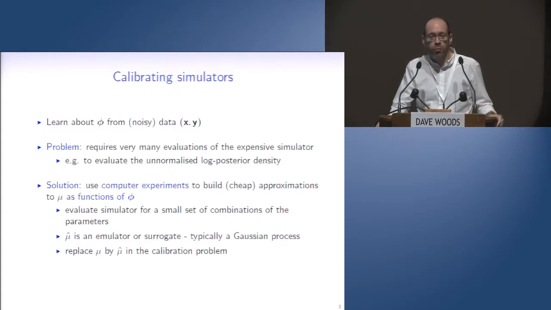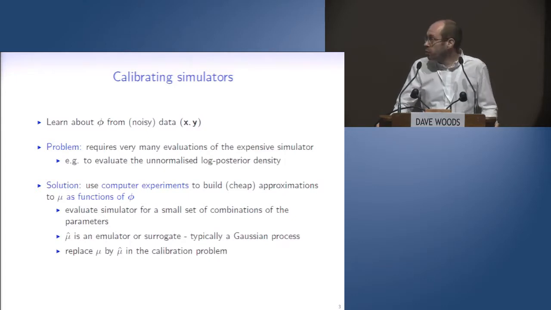The most typical form of emulator is based on a Gaussian process model, which has a nice non-parametric form and is able to adapt to the form of the simulator. And then, as I mentioned before, to some degree or another, we replace the simulator by the emulator in our inference and calibration problem.